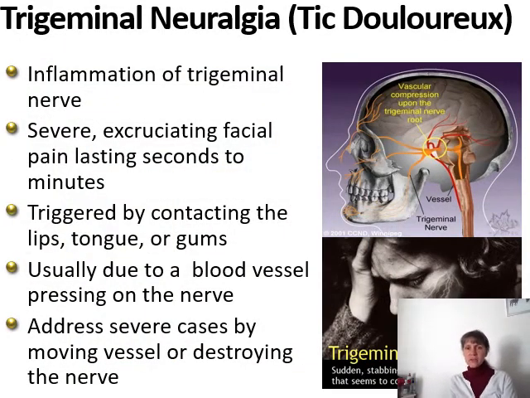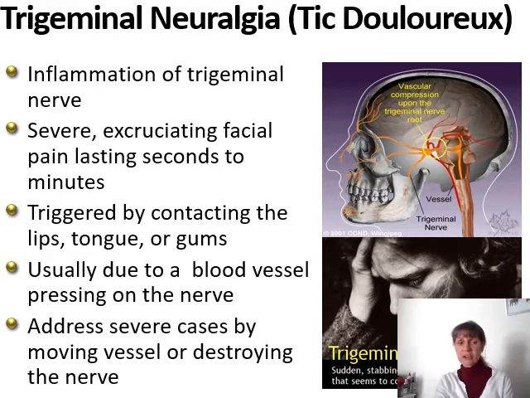Trigeminal neuralgia, or tic douloureux, is inflammation of the trigeminal nerve. Usually there's a ganglion, the trigeminal nerve ganglion, and that's usually what's affected. And this can cause a lightning bolt of pain. So a person who has tic douloureux might have severe excruciating facial pain that lasts anywhere from seconds to minutes.